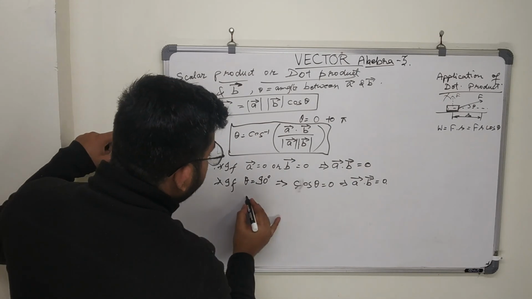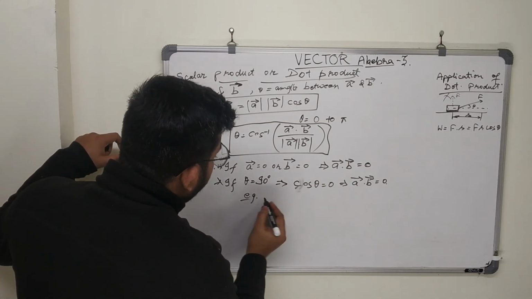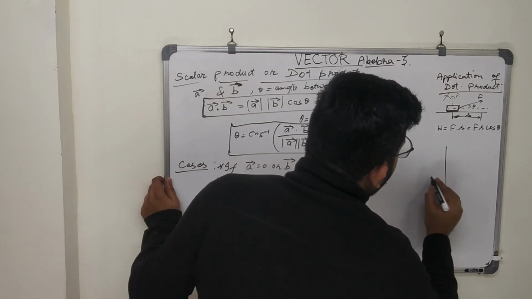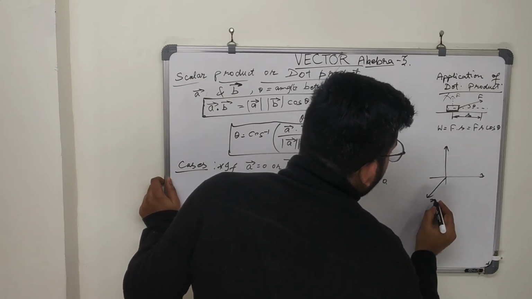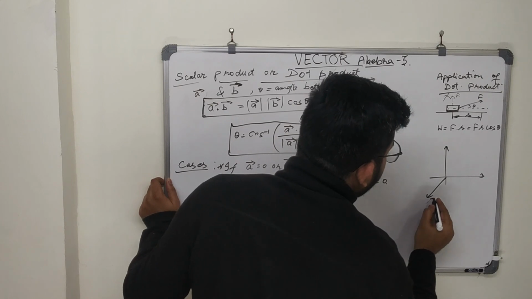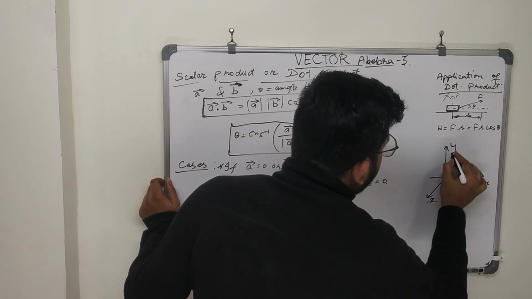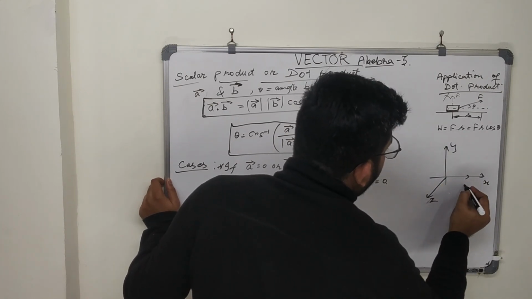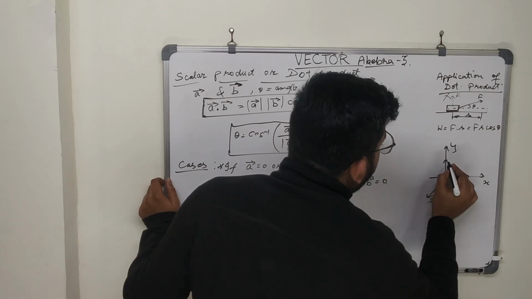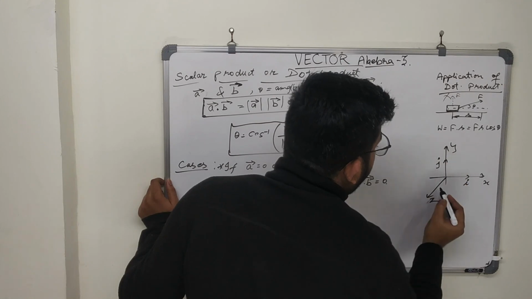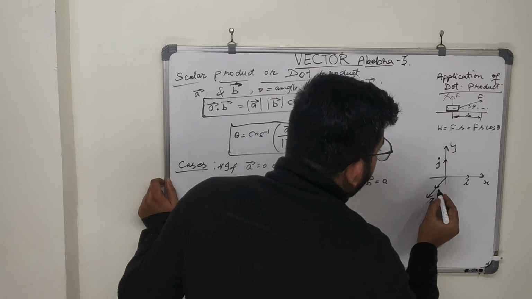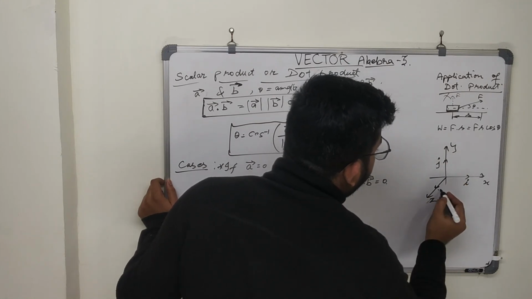इसका एक और example देख सकते हैं. For example, मान के चलिए this is the XYZ coordinates, and this is represented by I cap and the unit vector along Y is represented by J cap and the unit vector along the Z direction is represented by K cap.